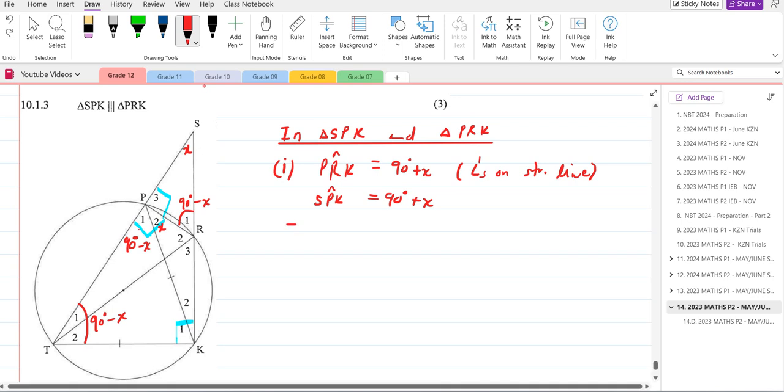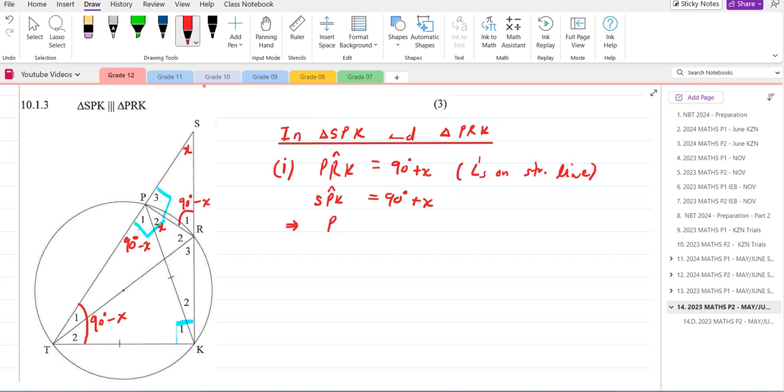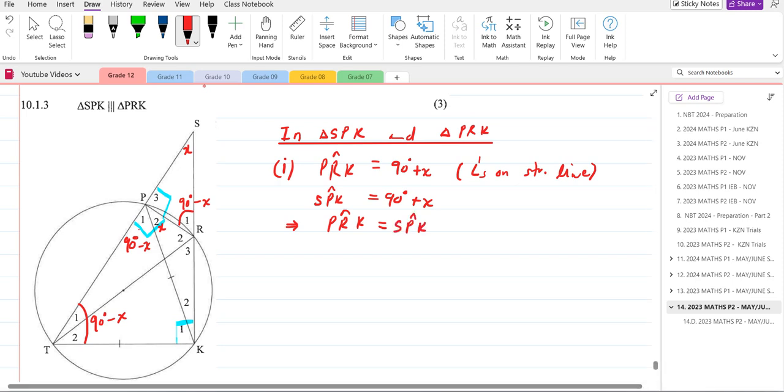So this implies PRK is equal to SPK. I've got those two sorted out. Let's observe angle K2. What is angle K2 equal to? Remember, this is 90 plus X.